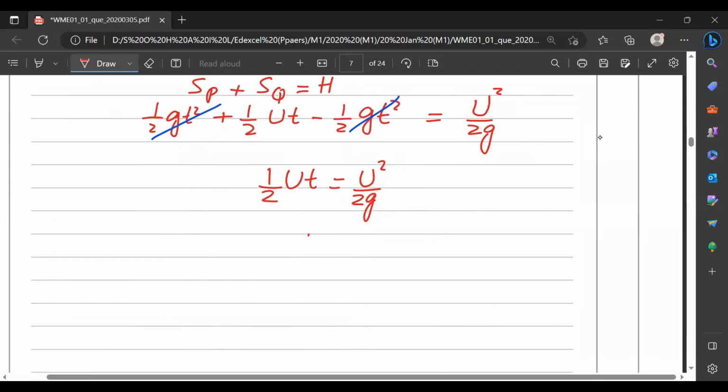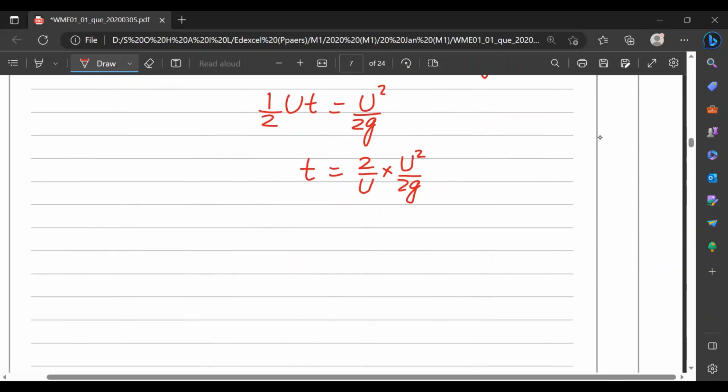Cross multiply, so this 2 goes here, 2 over u, and the right hand side is u square over 2g. When you simplify, t is u over g. This is the time taken.